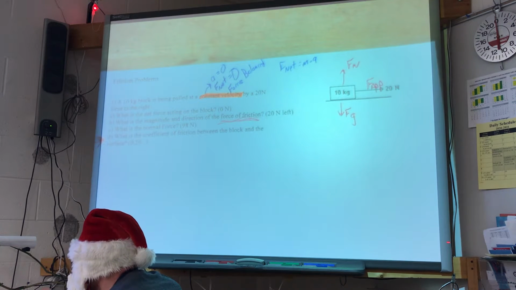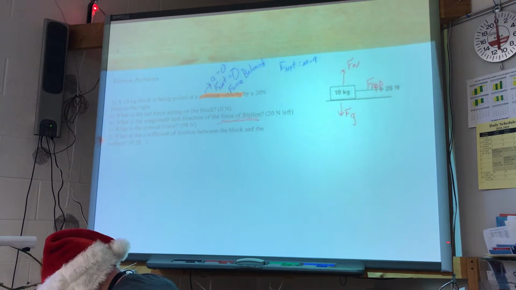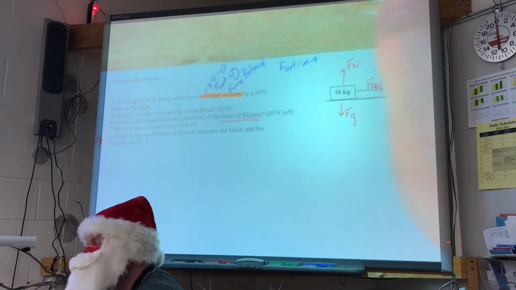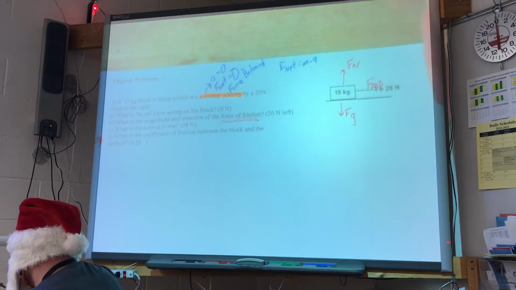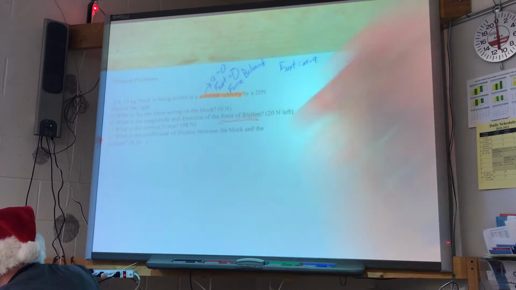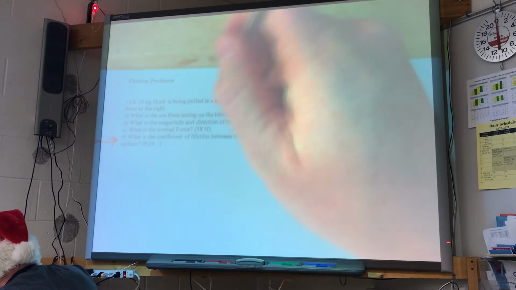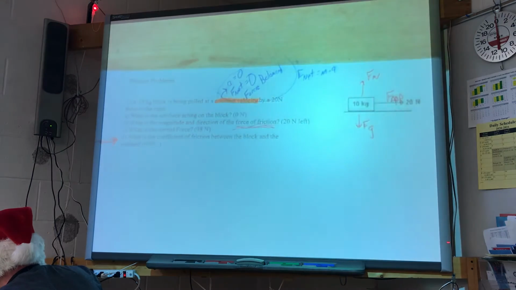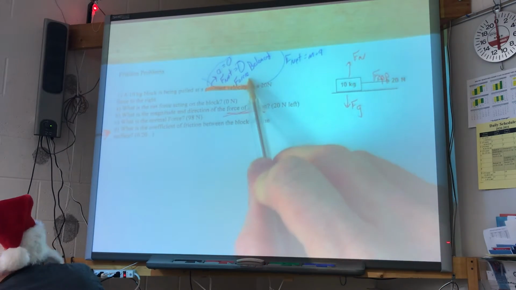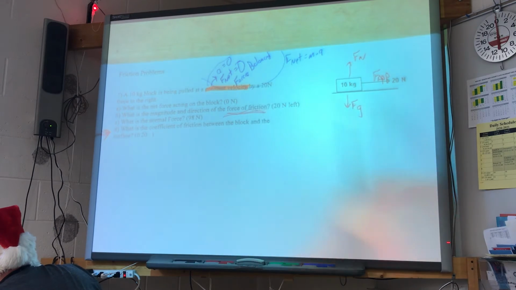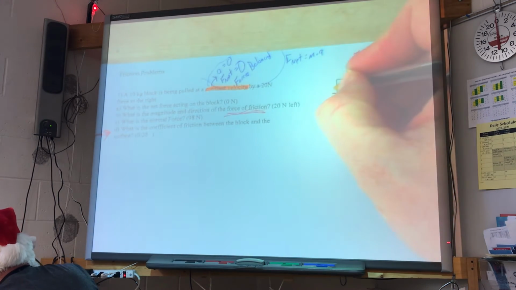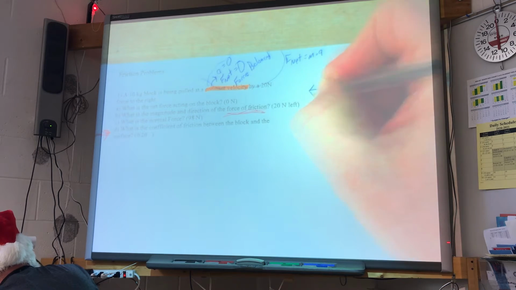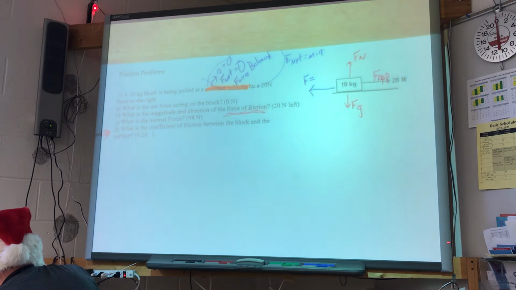Now, an object can be moving with a constant velocity in one direction, but it could be accelerating in the other. We're not dealing with that, so just keep that information in mind. Since my forces are balanced, but my picture doesn't show balanced forces, in order for my forces to be balanced there must be some force going to the left.